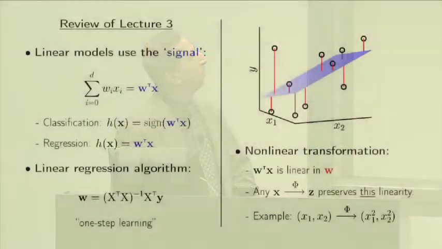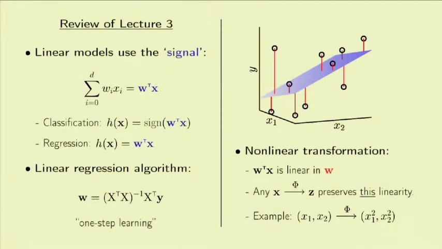Welcome back. Last time, we talked about linear models. And linear models share what we would refer to as the signal, which is this formula. It's a linear sum involving the input variables and weights that can be put in vector form.